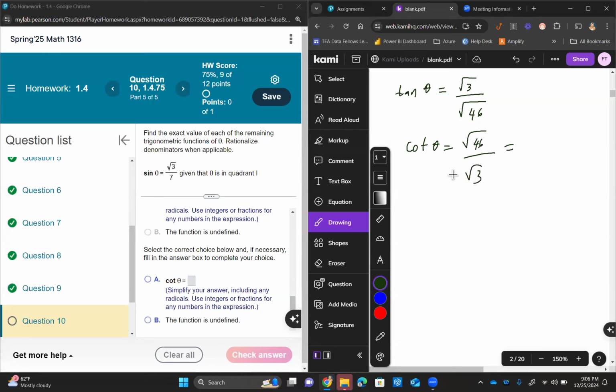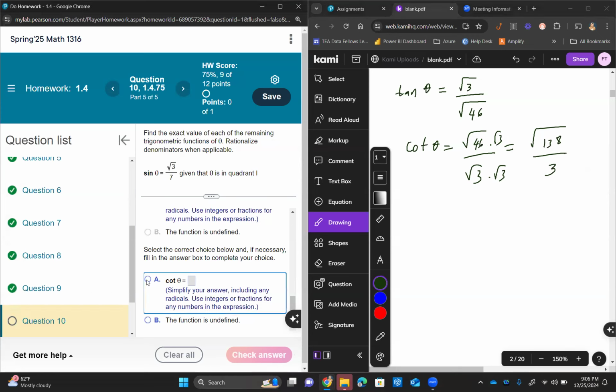Again, I can't give this answer to the software, so I need to rationalize the denominator by multiplying the top and bottom by root 3. So this will still give me the same top number as the other one, which was 138, but the denominator will be just a 3.